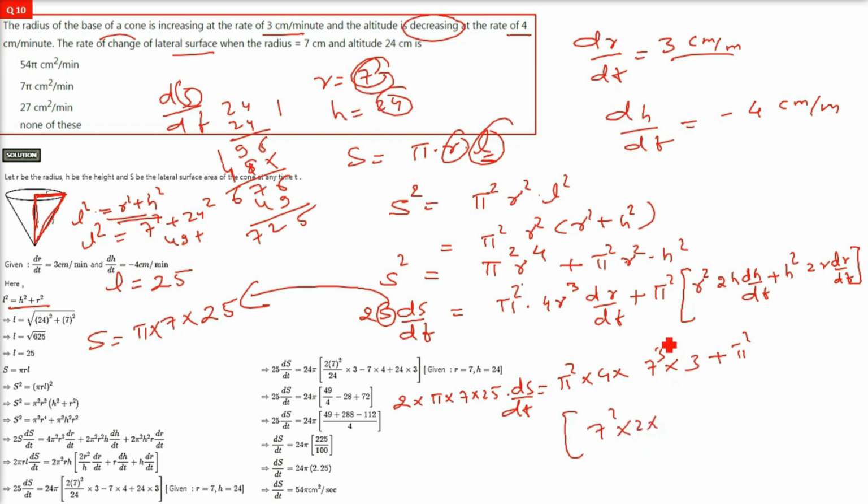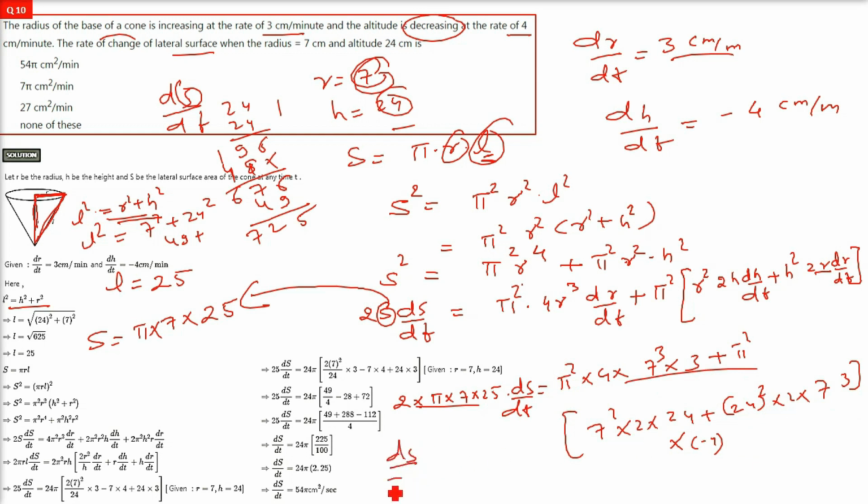Then 2 into h. h is 24. And dh by dt is negative 4. I just missed it. And h square is 24 square. 2r, 2 into 7 into dr by dt, which is 3 again. So there is one thing remaining, which is dh by dt. We have to just write minus 4 here. So negative 4 I am including here. Okay, now you see everything is known to us. There is just computation.